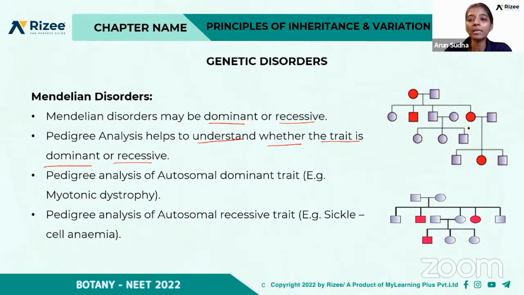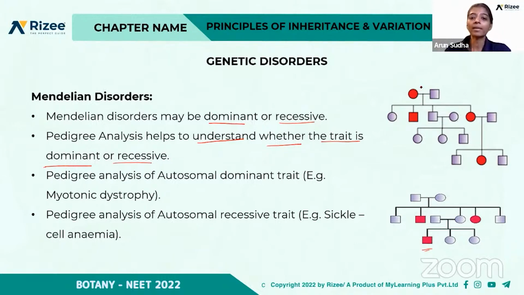So we can easily understand the pedigree chart. For a recessive trait, even if the parents are normal, that is, heterozygous, the progeny will get the disease. But if it is a dominant character, the parent should have that particular gene for that disorder.